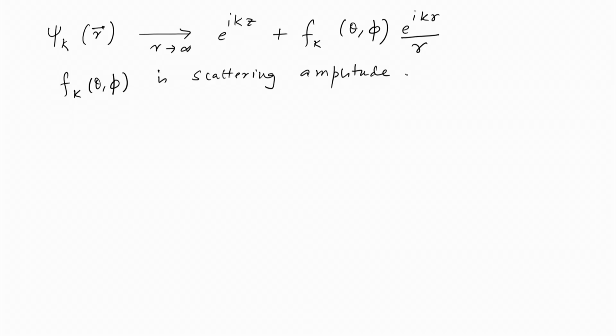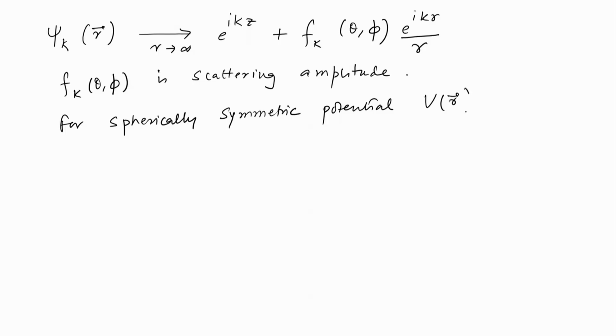and for a spherically symmetric potential, that is V of r simply depending upon r, it could be simply V of r.